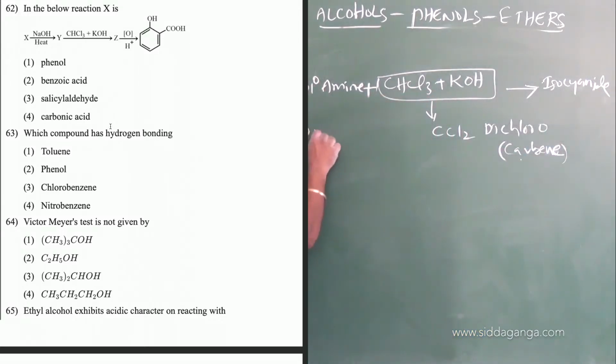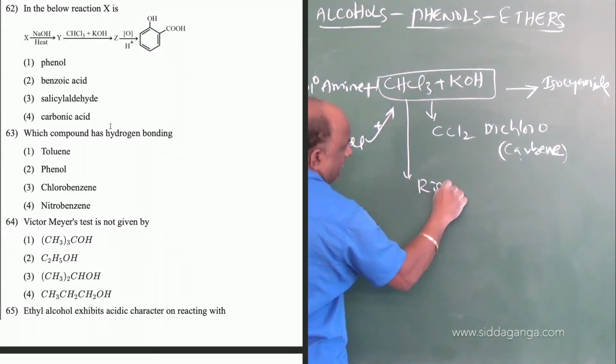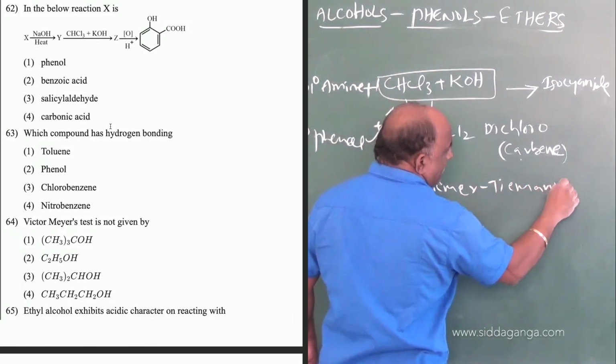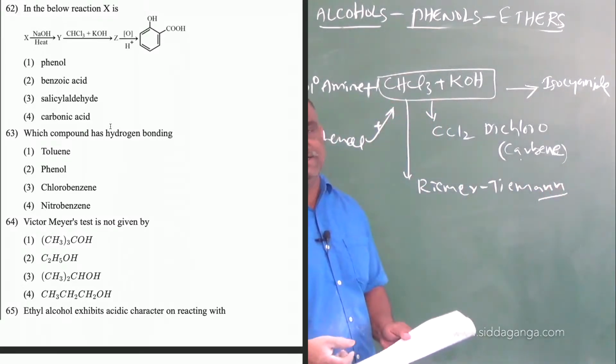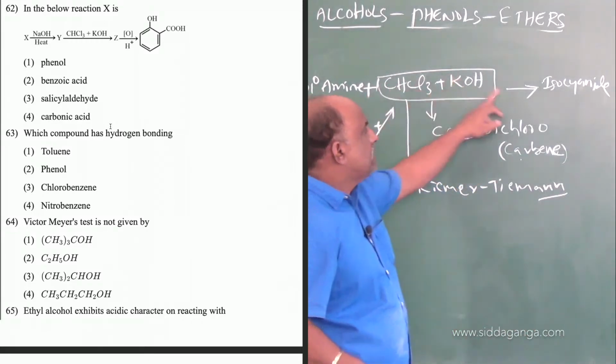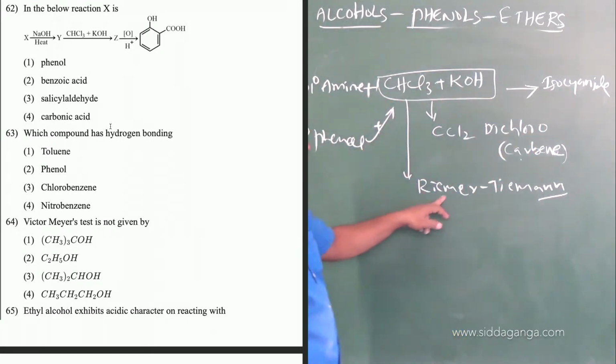If it is phenol, then the answer is the Reimer-Tiemann reaction. So it is very important: this reagent is mainly used in these two types of reactions. Chloroform and KOH with aromatic primary amines is the isocyanide test; with phenol, it is the Reimer-Tiemann reaction.